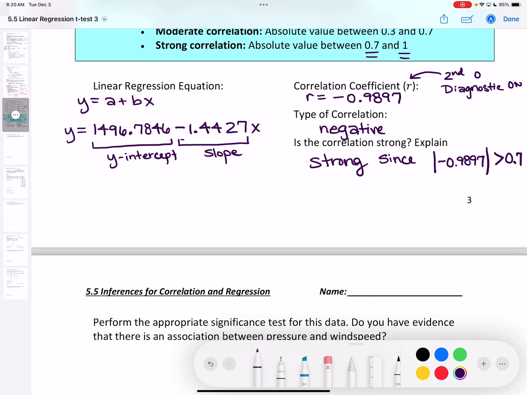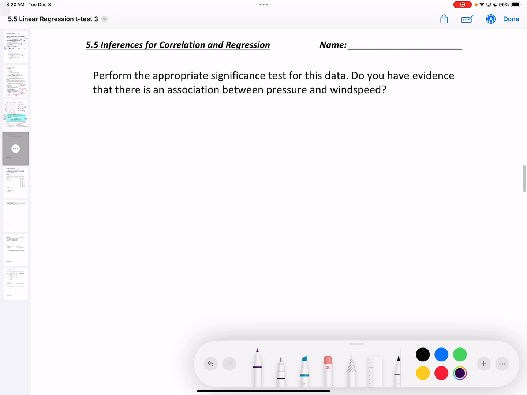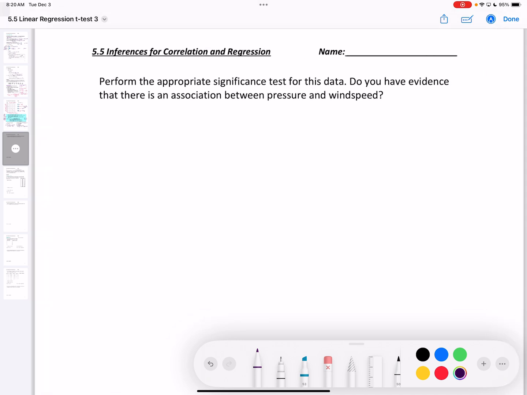Okay, so now we're going to perform the appropriate significance test for this data. Do you have evidence that there is an association between pressure and wind speed? Well, remember, I had it like this. You don't have to redraw this. This is just to help us out. We had pressure as our x, right? So we said as the pressure changes in millibars, the wind speed changes in miles per hour.